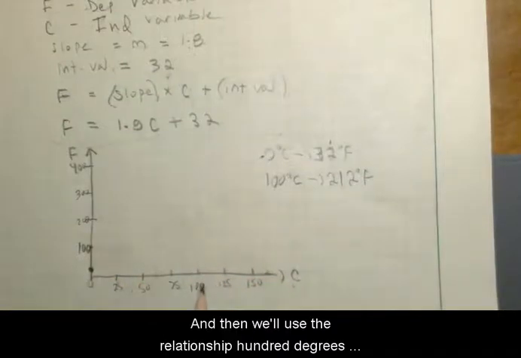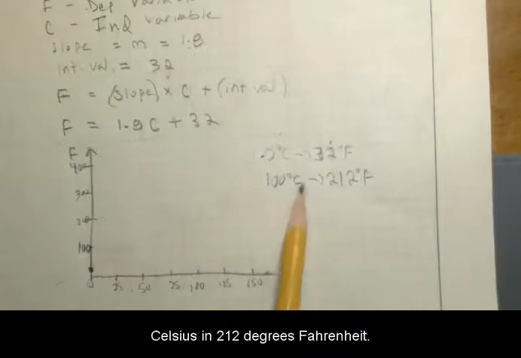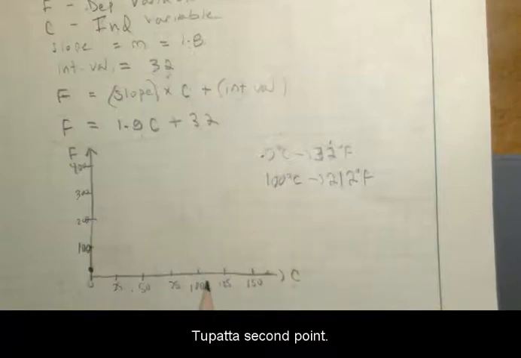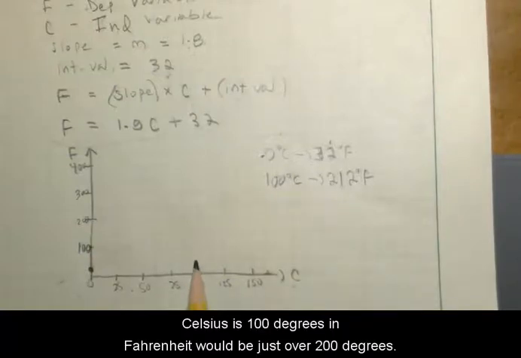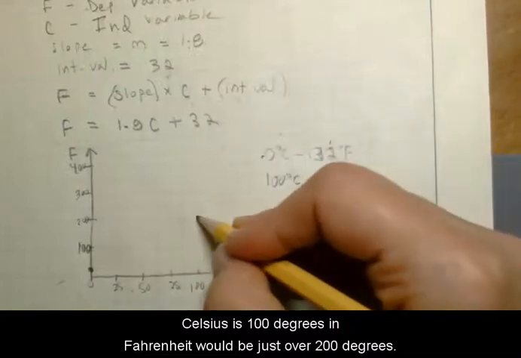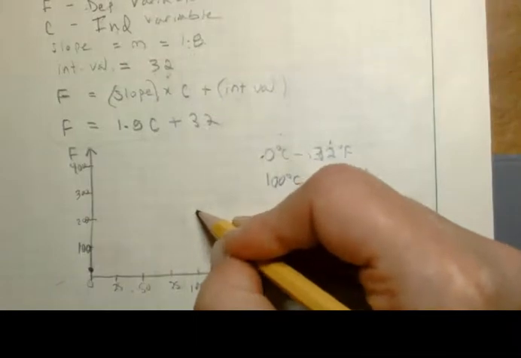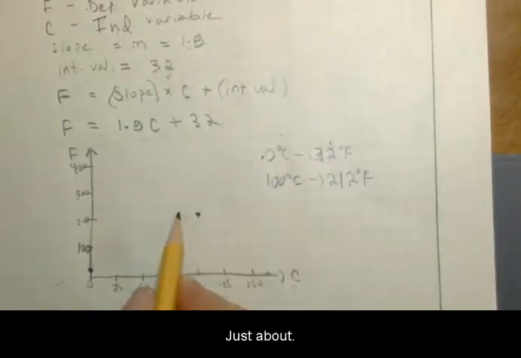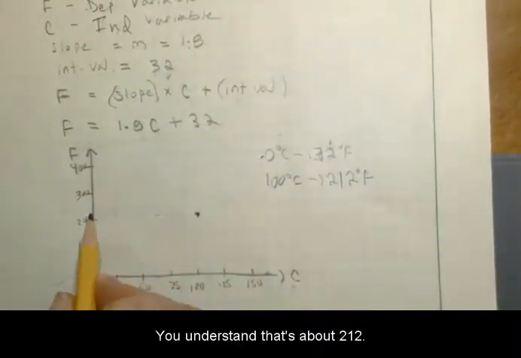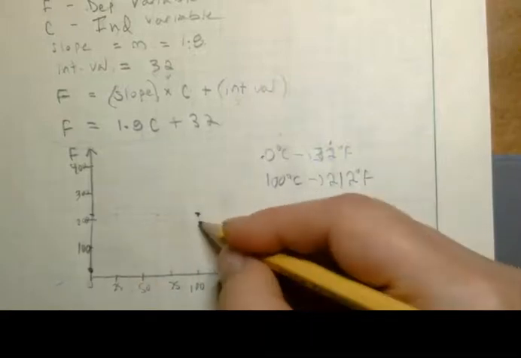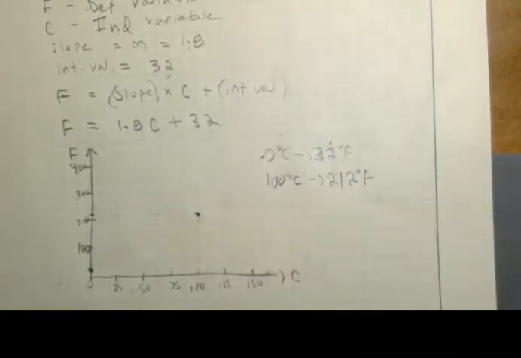And then we'll use the relationship 100 degrees Celsius and 212 degrees Fahrenheit to plot a second point where Celsius is 100 degrees and Fahrenheit would be just over 200 degrees. So that would be here. This is just above 200, so that's about 212, and this is 100 for Celsius.